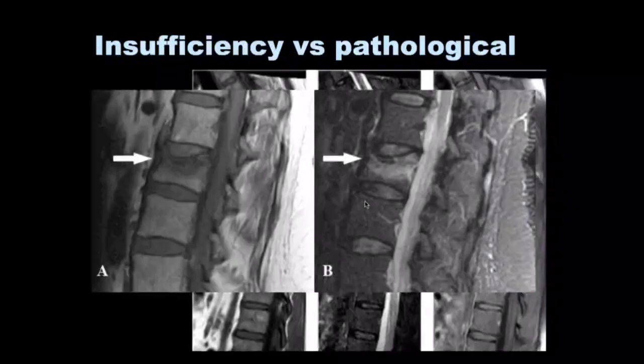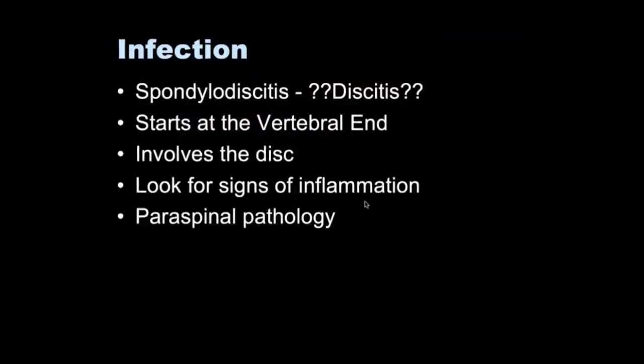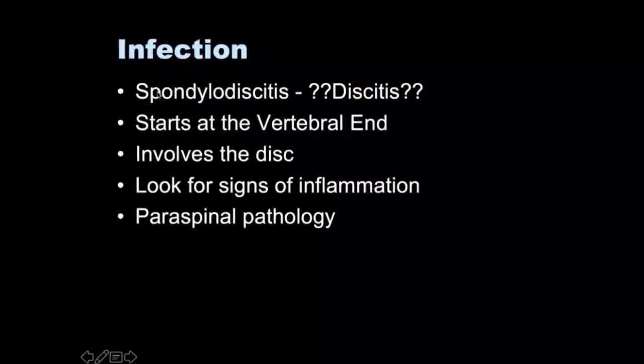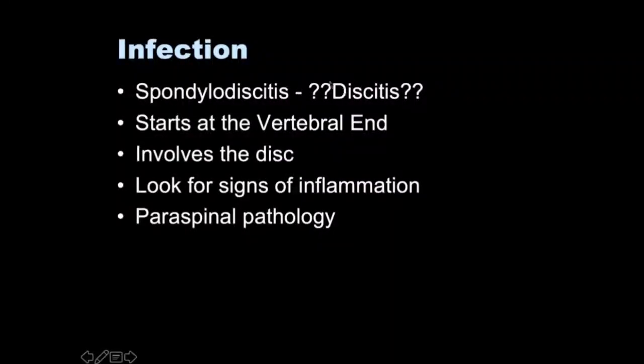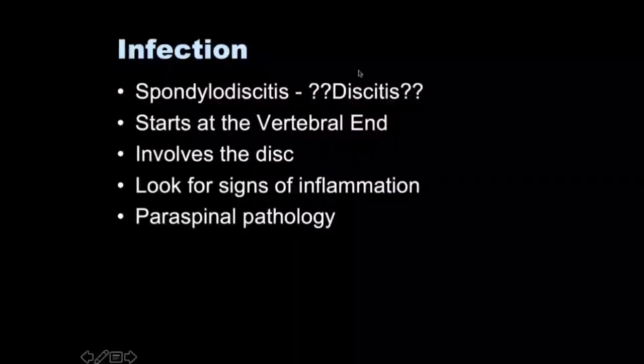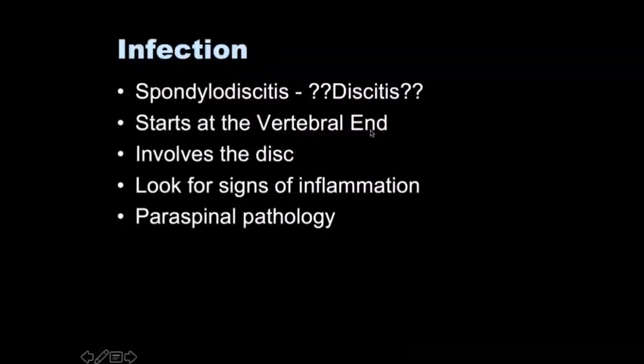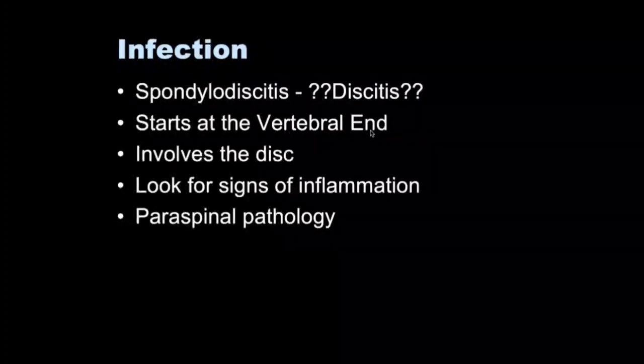So briefly touching on infection, it's called spondylodiscitis rather than discitis because the infection doesn't start at the level of the disc, it starts at the level of the vertebral end plates. It's more commonly hematogenous rather than arising de novo.